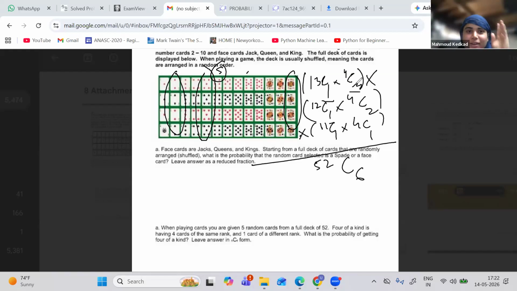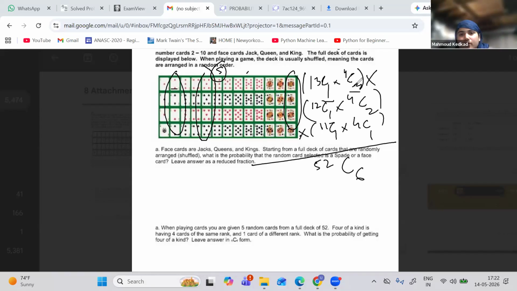Why am I confused again? 4C. You're picking two cards of the same rank to start. So you've already picked one, and then from among those four, so two.